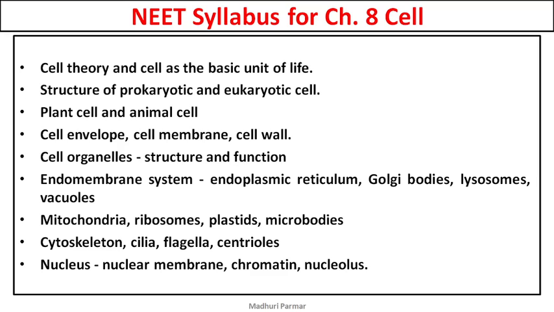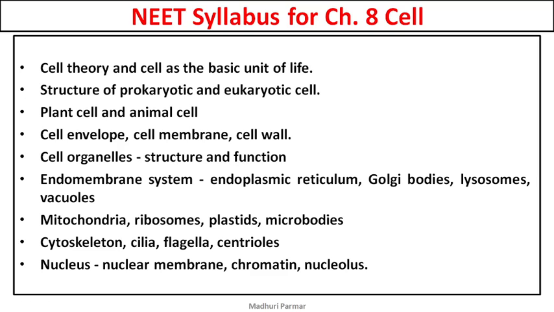Right. Now let us come back to the topic of the day. We will be starting with chapter 8, cell, and the NEET syllabus from this chapter includes cell theory and cell as basic unit of life, structure of prokaryotic and eukaryotic cell, plant cell and animal cell, cell envelope, cell membrane and cell wall, cell organelles, their structure and their function.